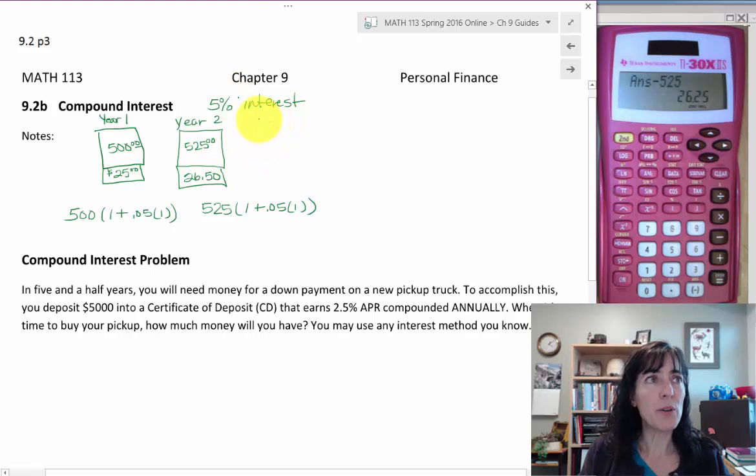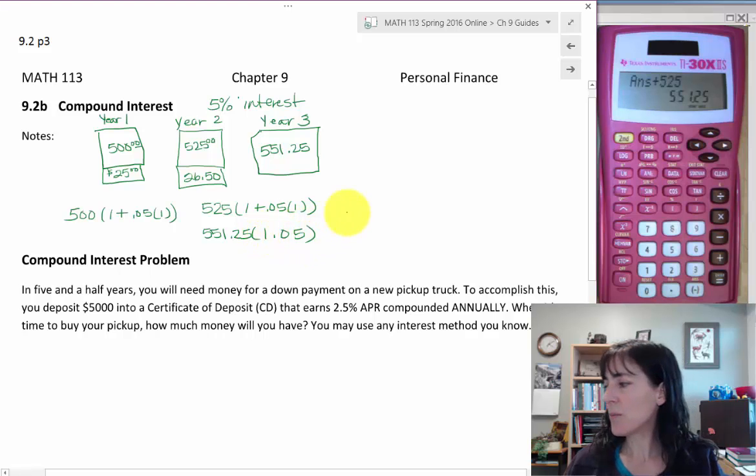Let's do it for another year. So we're starting year 3 off with $551.25. And so we're going to take that $551.25 and multiply it by that 1.05.